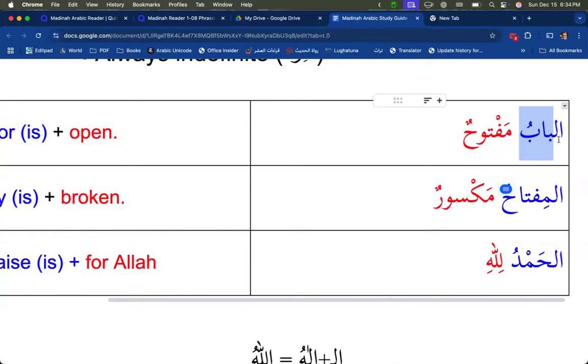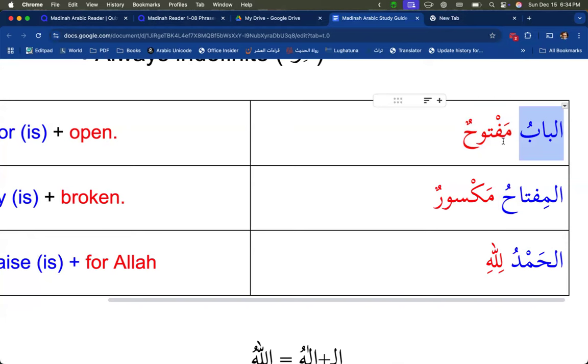So if you have this kind of a construct, definite marfu is mubtada. Indefinite marfu is the khabar. Al-babu maftuhun. I will not say al-babu al-maftuhu.